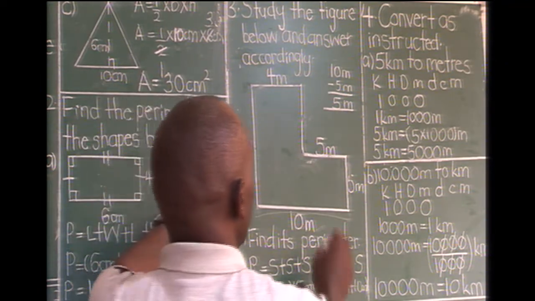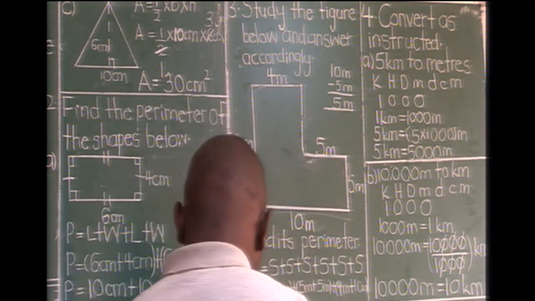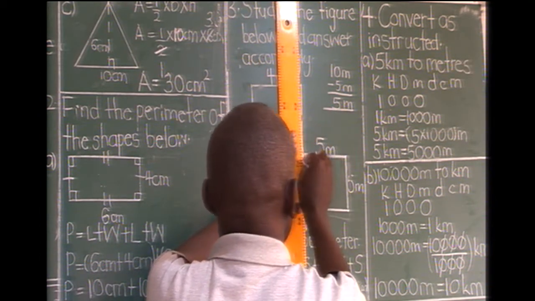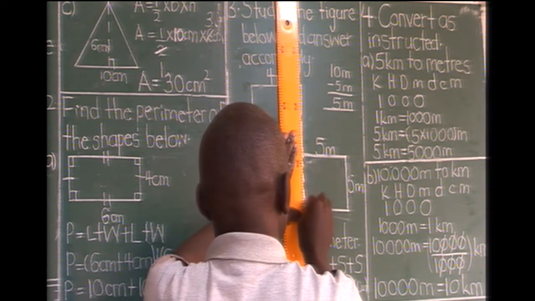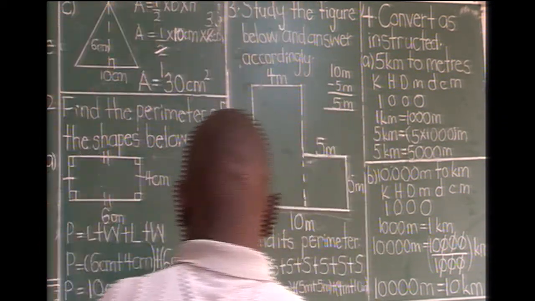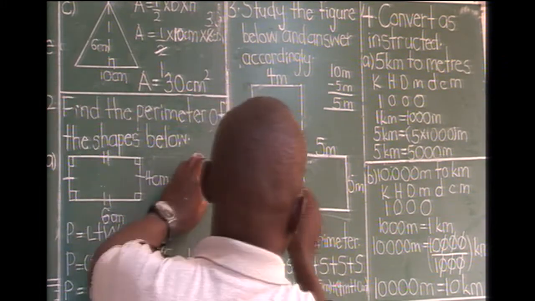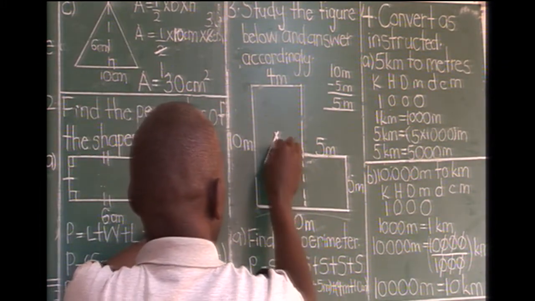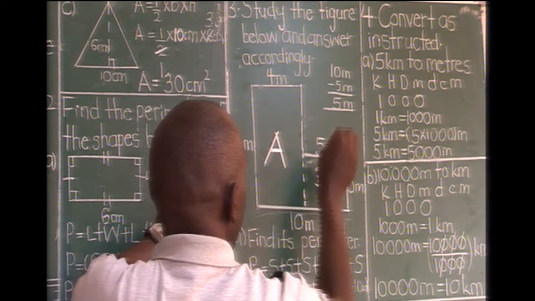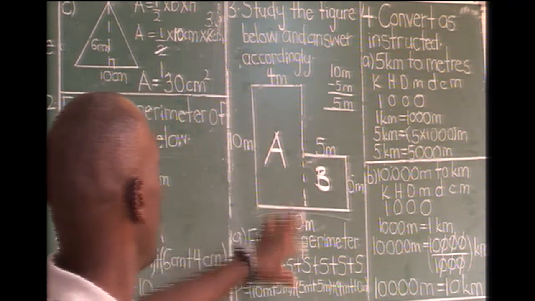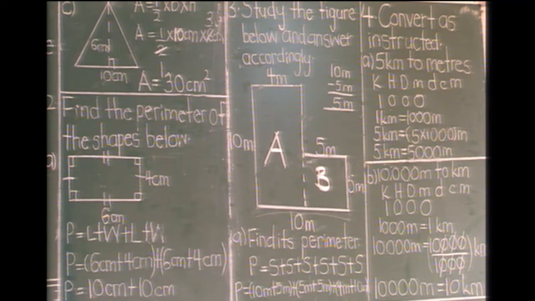What you must do is get a ruler and complete this part here. In so doing, you will have got 2 shapes out of one figure. You name one A and name the next B. If you have been following properly, you will find that we have a rectangle and a square.